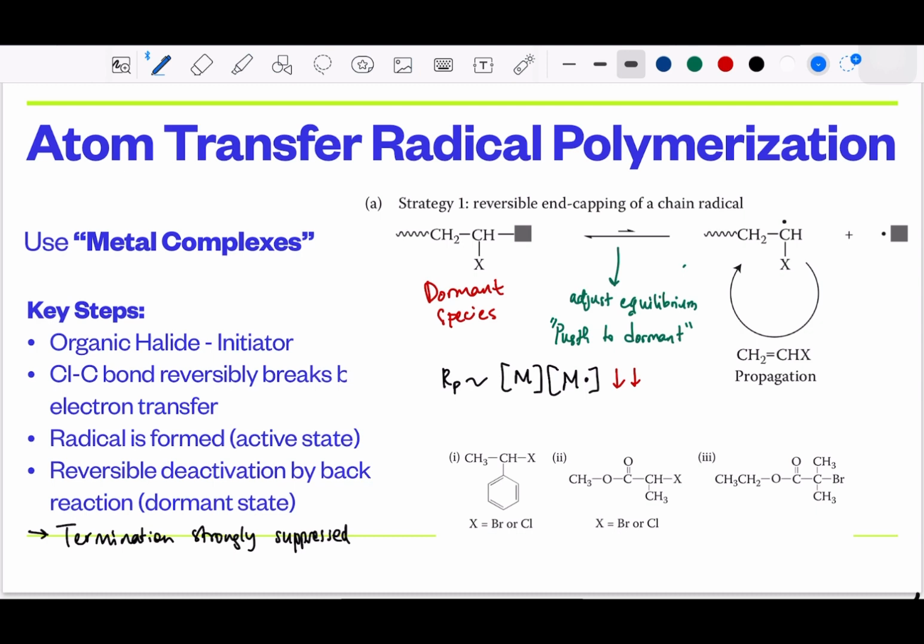As I mentioned here, we are using the metal complex for the cap, for the shield.